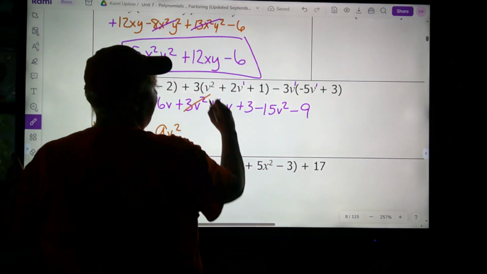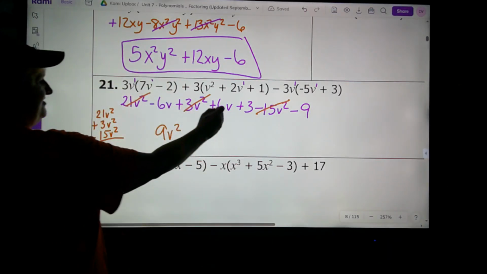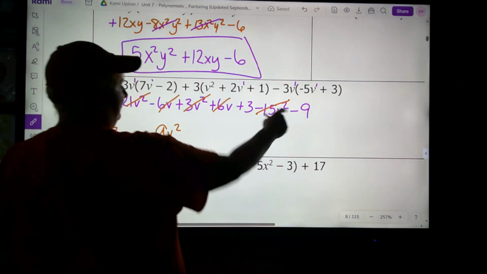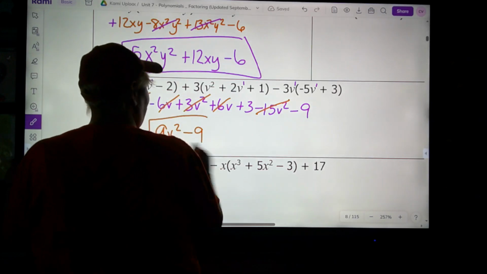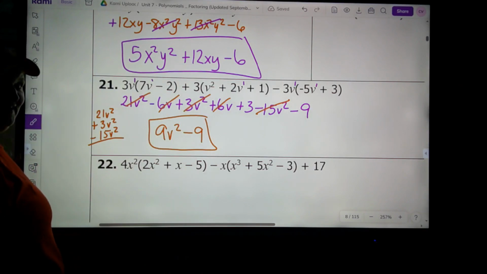So that took care of that one, and that one. We have 6v minus 6v. They cancel each other out, and we're left with minus 9. Look at that. All of that becomes that once you simplify it.